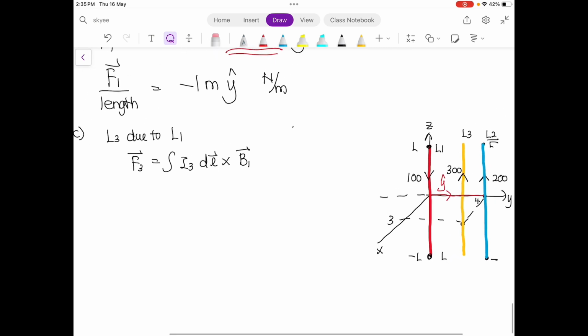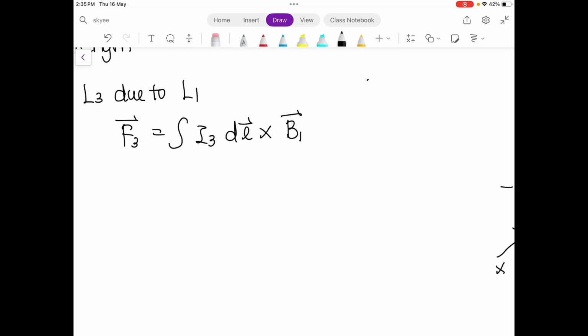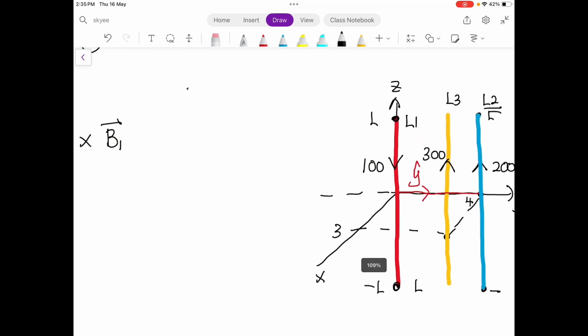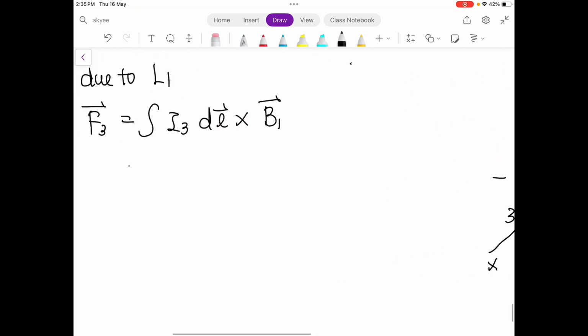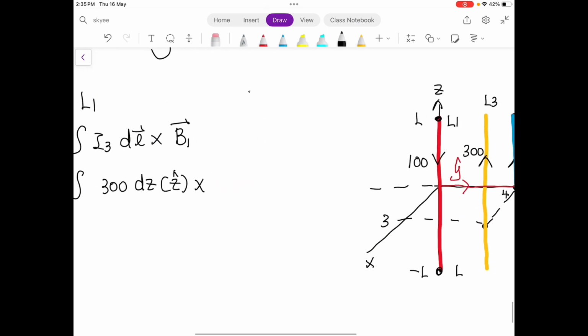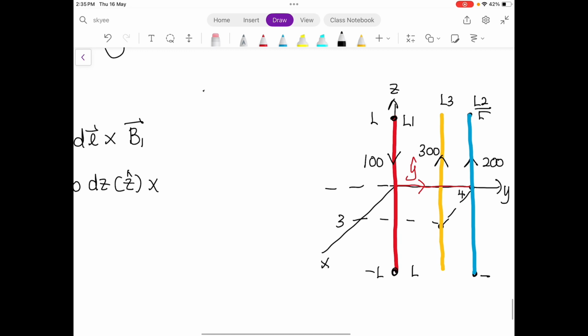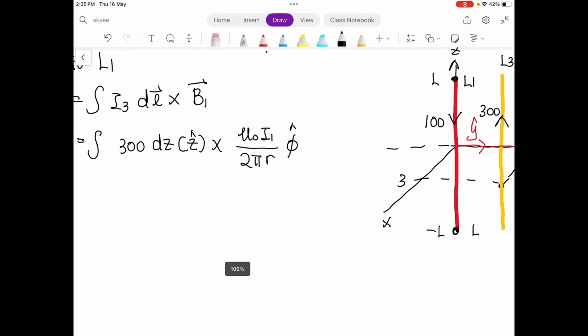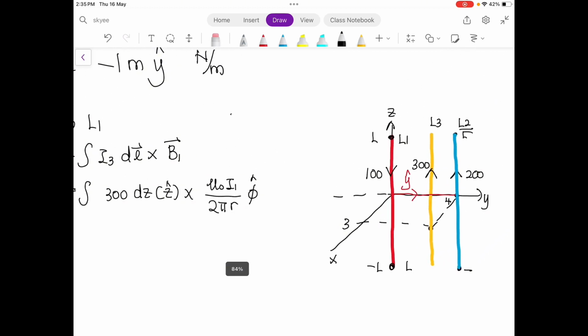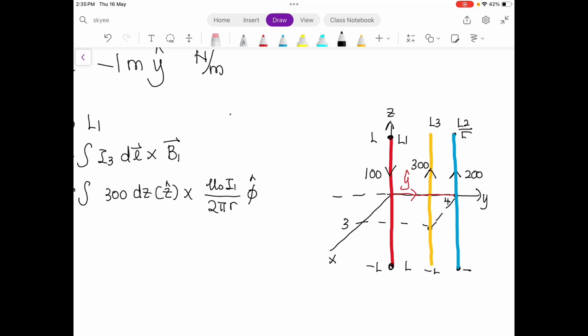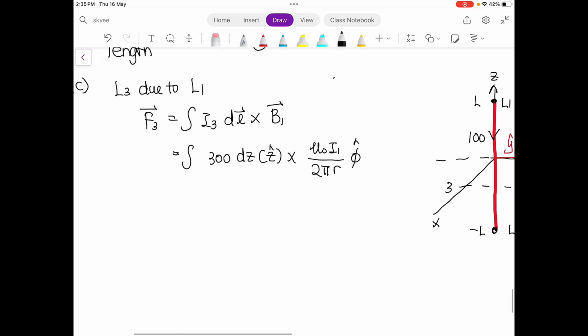So put the value that we have. What is I3? I3 is 300 dz and z, cross product with the B1. B1 is produced by I1. And for the I3, it is from negative L to L.